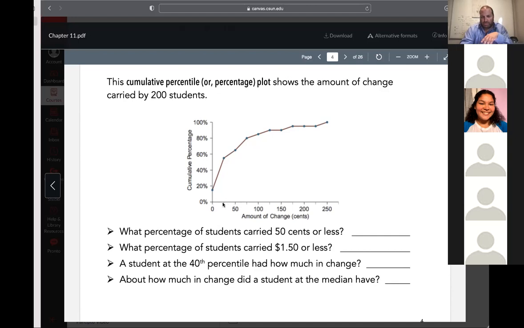Some carry 25 cents, 50 cents, 75 cents, 100, 125, 150, and so on. So according to this, approximately at least, what percentage of the 200 students that we surveyed carry 0 cents? What percent carry 0 cents?